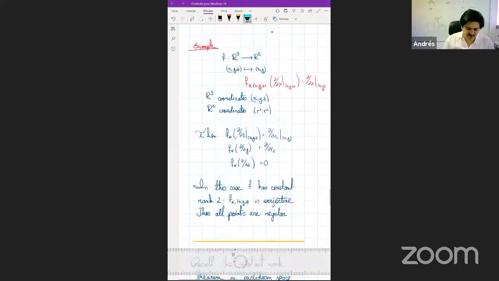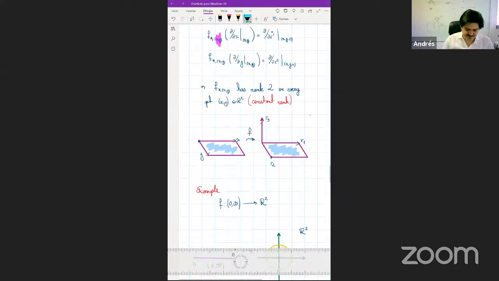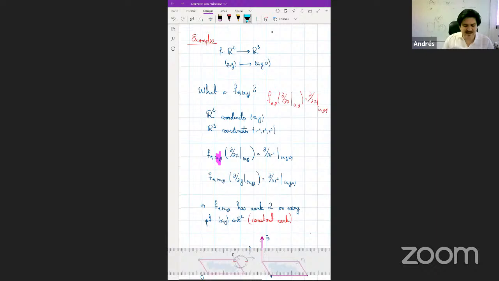So that's why I was talking about this example, right? We have constant rank, like this is the most basic one. So here I have constant rank 2. Okay?